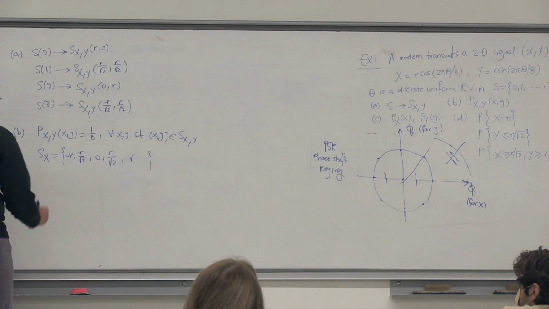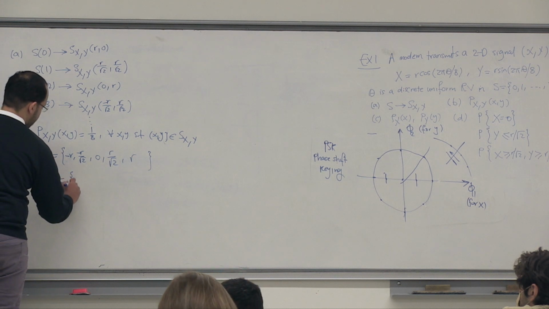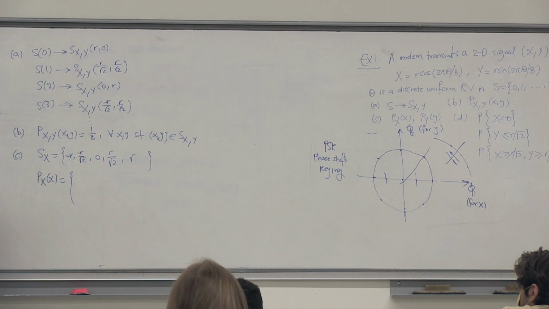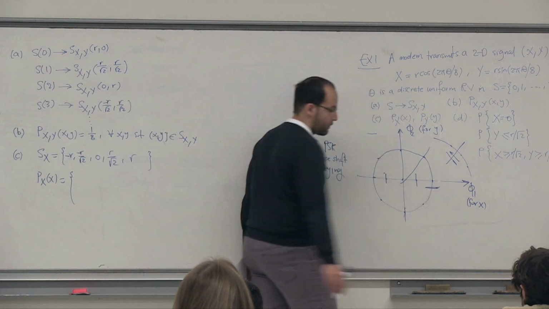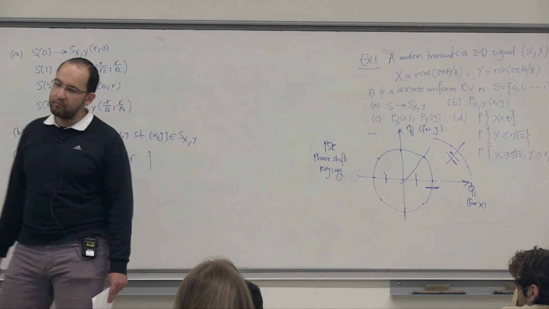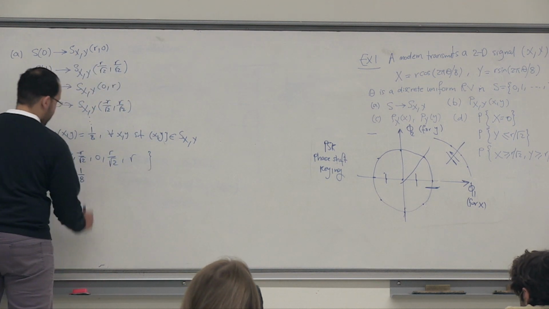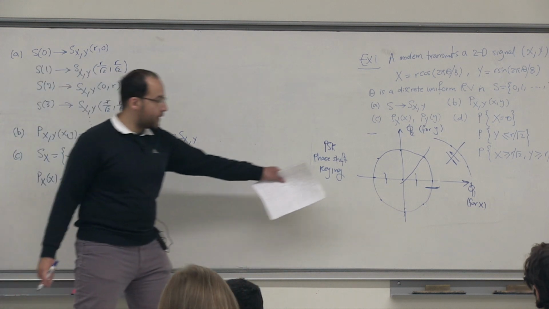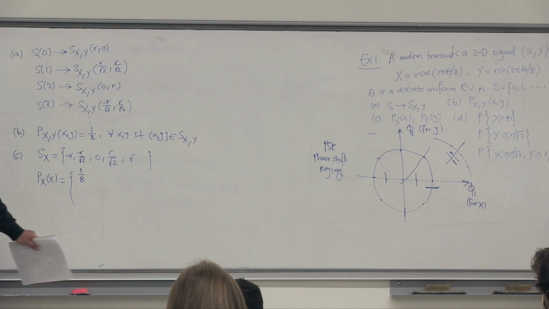So let's write it. So Px of X is gonna be what? How about the point X equals R, this point? Is it repeated? No, this one is not repeated. So it's 1 over 8 for this case. How about the point minus R? That was the same thing, it's not repeated, right?